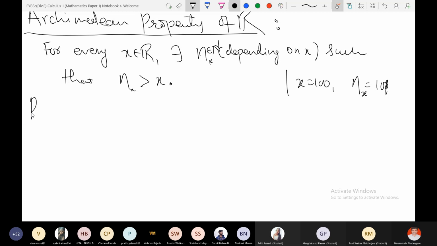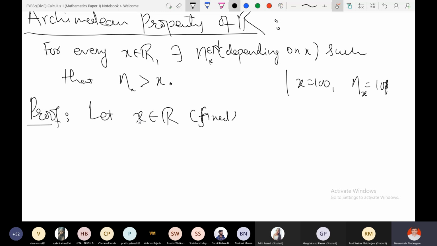Now we'll see the proof of this statement, because this statement can be proved from our previous properties of real numbers and natural numbers. Okay, so let x belong to R. Fix your x. What we want to prove: given any real number, I can produce a natural number greater than it.